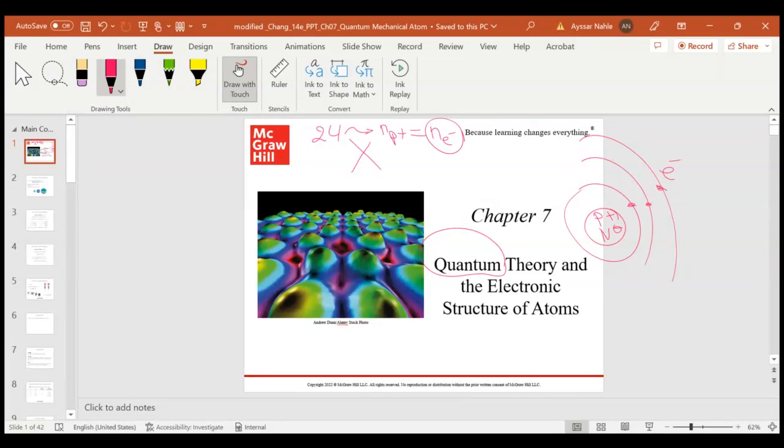Now, the idea in this chapter is how I'm going to distribute the electrons in the shells. How am I going to distribute them? You have some shells in here. That's the nucleus. 1 shell, 2, 3, 4, 5, whatsoever, up to 7 shells. So you can have a maximum of 7 shells. And I want to know how we can place the electrons in the shells.